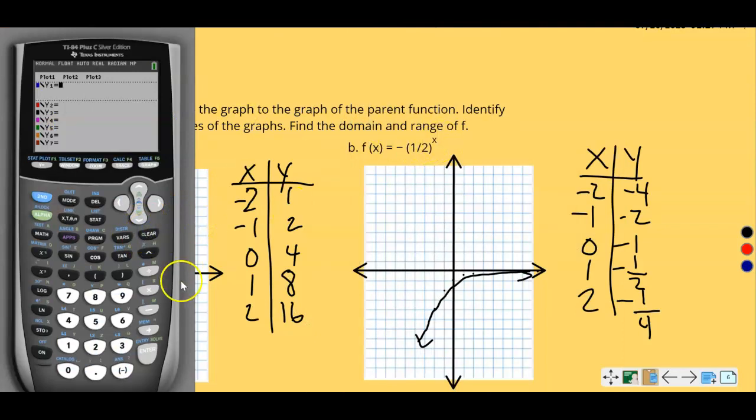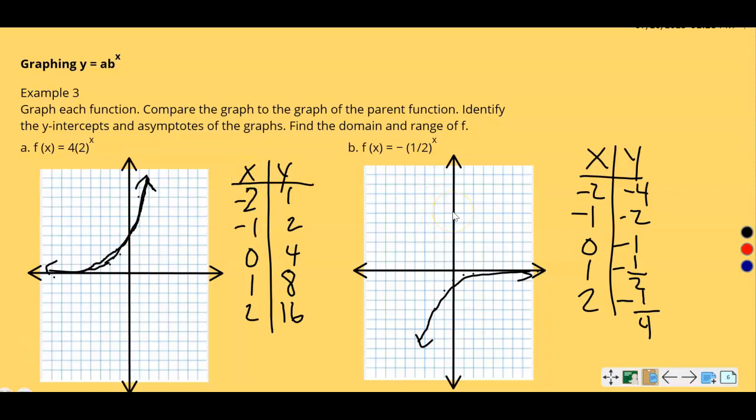All right, so negative times 1/2 raised to the x power. Hit graph. And you can see how that graph comes up and turns and approaches 0 right there. All right, now it said to find the domain and range.